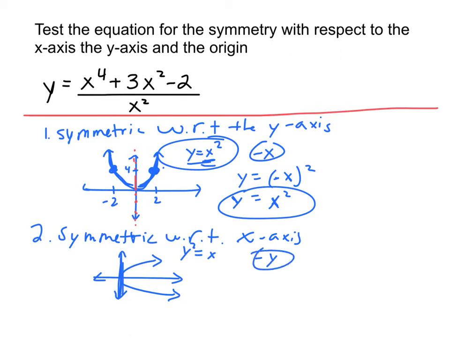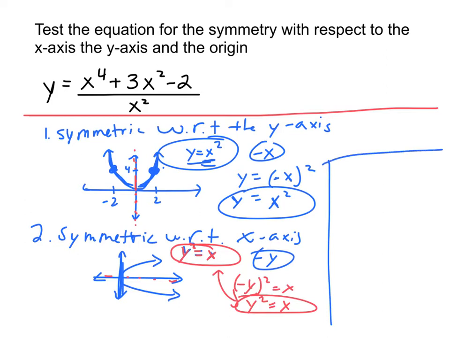So looking at y squared equals x, I'm going to plug in negative y: negative y squared equals x. Now the negative cancels, so negative y squared is the same thing as y squared equals x. Because these two match, the original and the one where negative y was plugged in, this is symmetric about the x-axis.